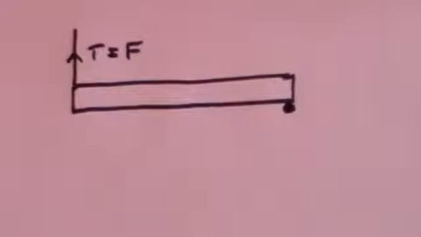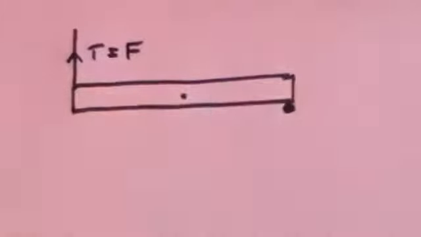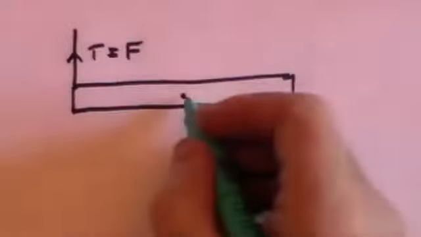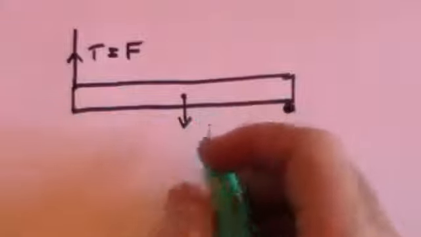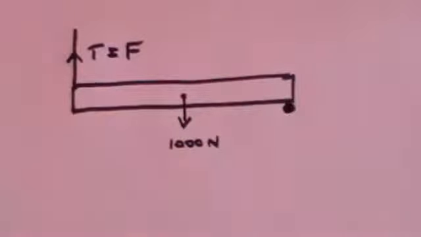Where does the girder's mass operate? Answer, centre of mass. So we go to the centre and we say we can regard the whole of the mass, the whole of the weight, to operate from that point. So we'll call that 1,000 newtons operating from the centre of mass.